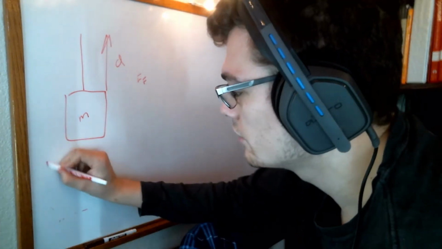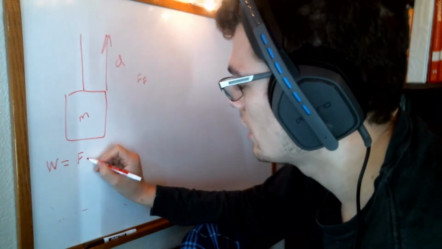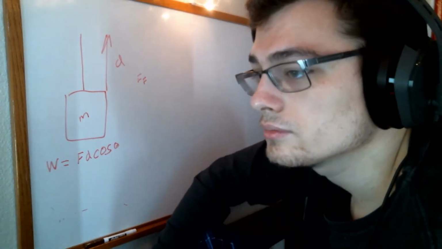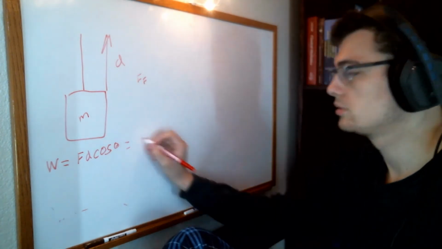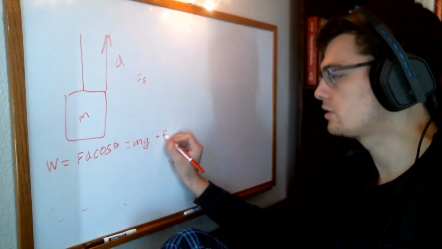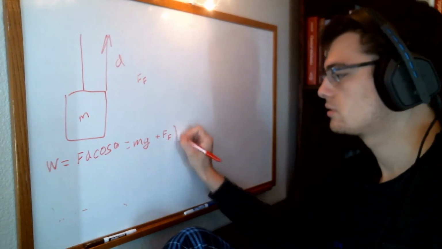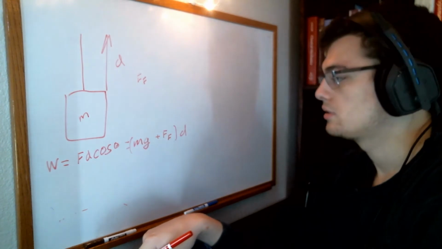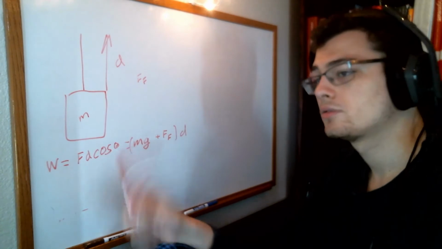And so all we have to do, we find our work is going to equal F d cosine theta. And so then this is just going to be equal to mg plus our force of friction, multiplied by the distance that it travels. So we know what g is, we know what m is, we're given what f is, and we have d.